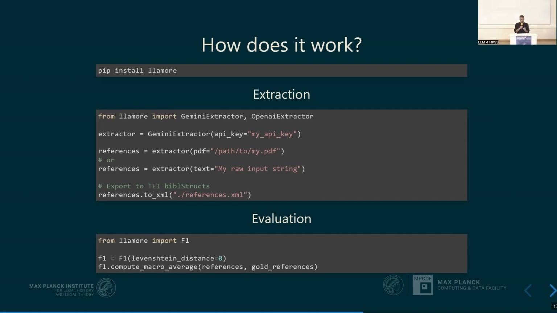Then you give a PDF or a text to this extractor, you get back references, and you can export these to an XML file. For the evaluation, you import this F1 class and provide it with the gold references and the extracted ones.